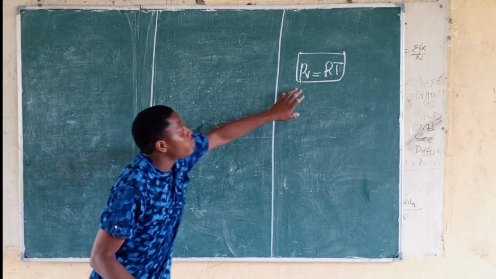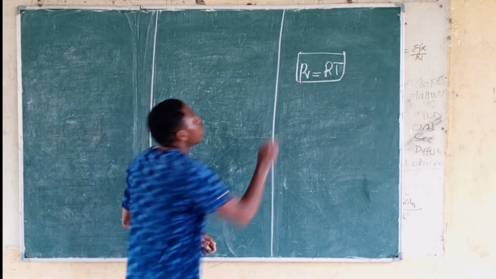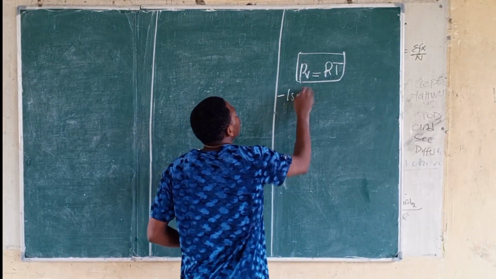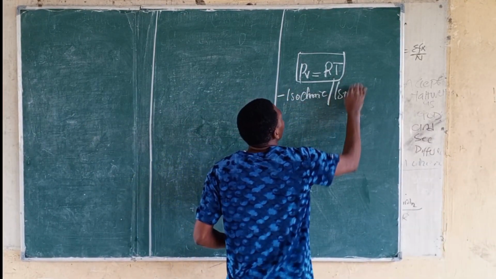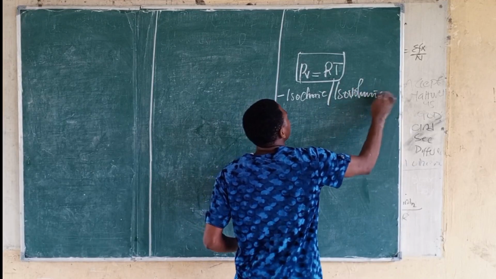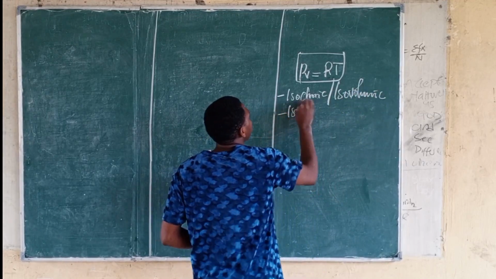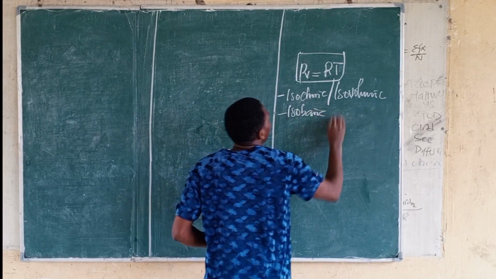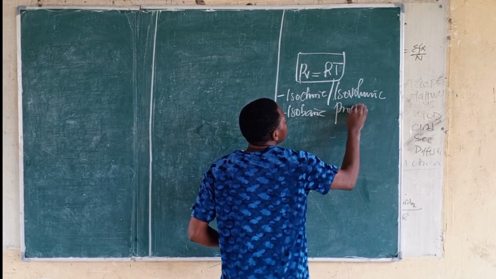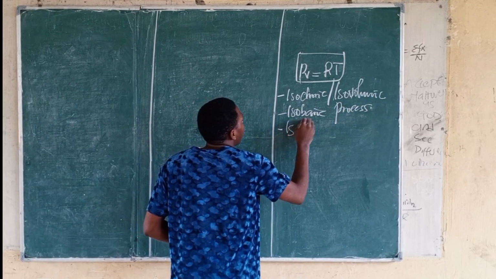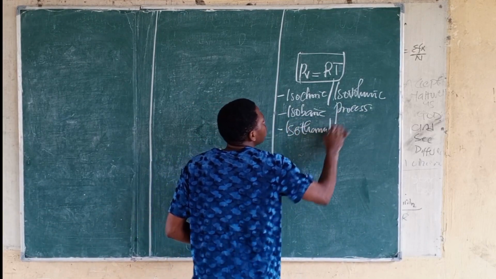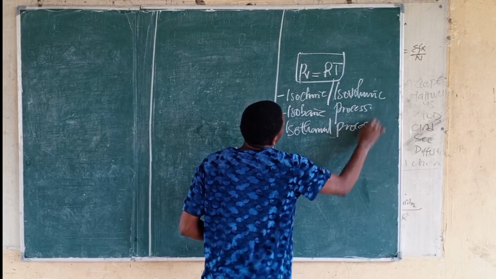Now, I gave you 5 processes in thermodynamics. What are they? The first one was the isochoric process, or isovolumic. The second one was the isobaric process. The third one was the isothermal process.